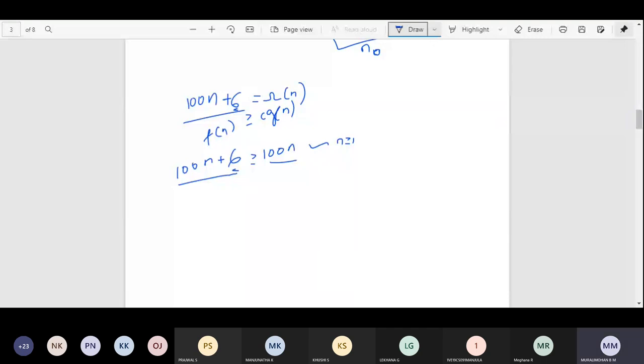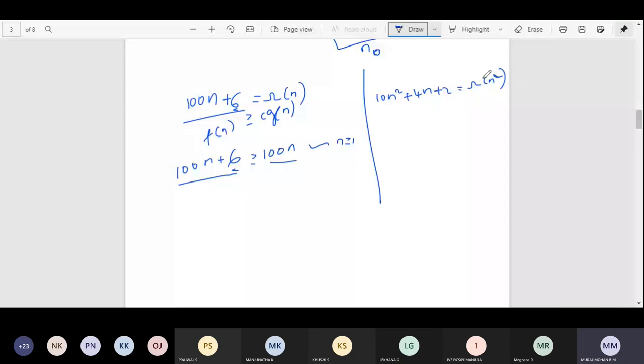Okay. Similarly, can we have another example? n square plus 4n plus 2 is equals to omega of n square. Does it satisfy?